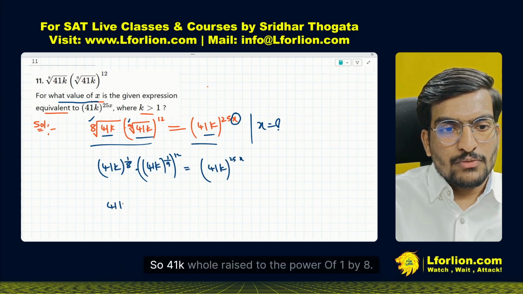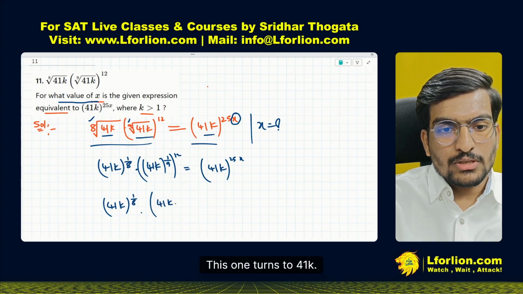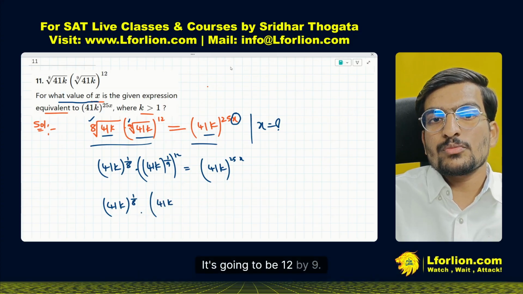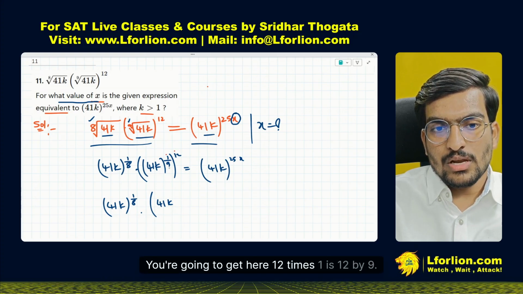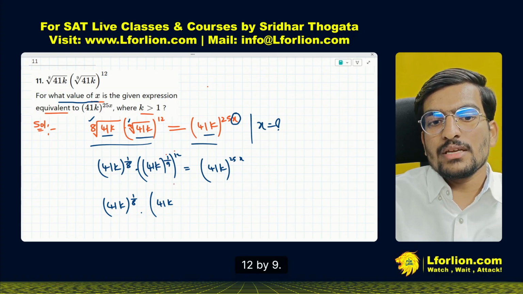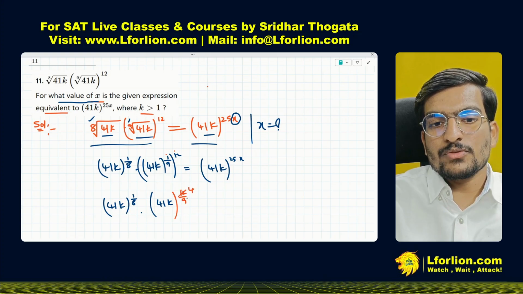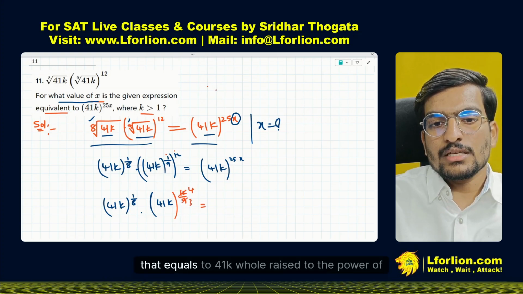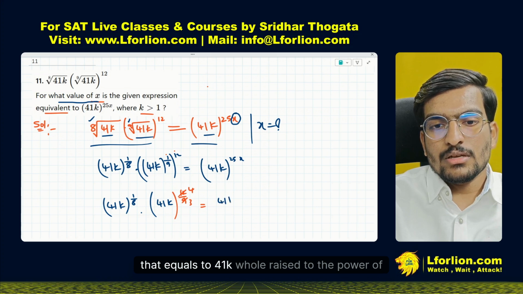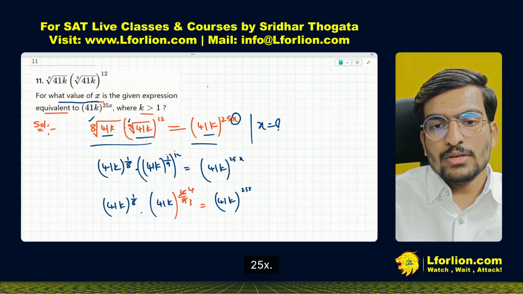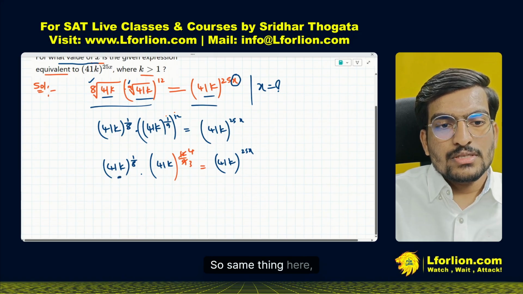So 41k whole raised to the power of 1 by 8. This one turns to 41k, apply power rule, it's going to be 12 by 9 you're going to get here. 12 times 1 is 12 by 9, and then it's going to be 3 times 4, 3 times 3, that equals 41k whole raised to the power of 25x. So same thing here, 41k, 41k, apply product rule.